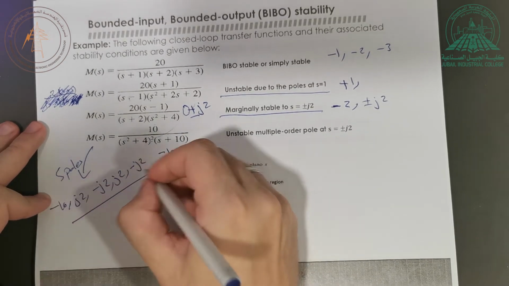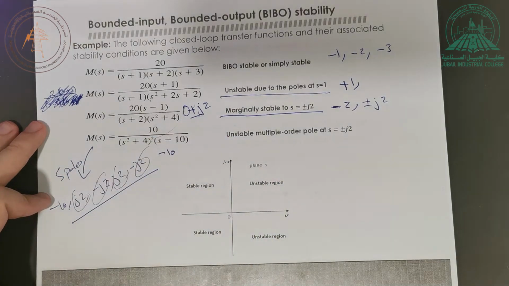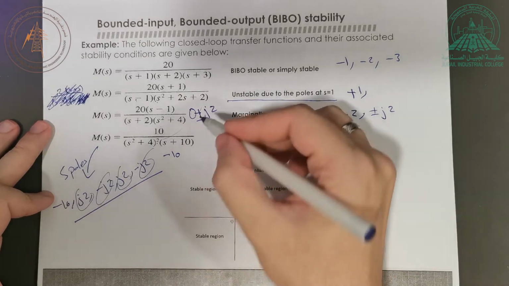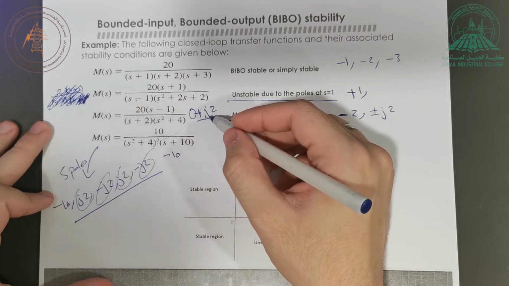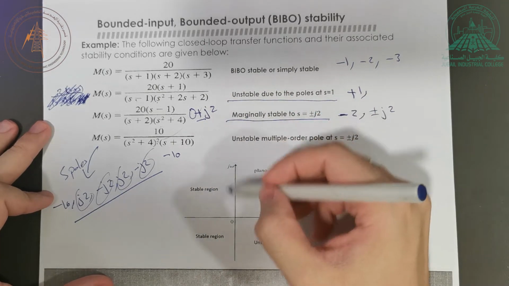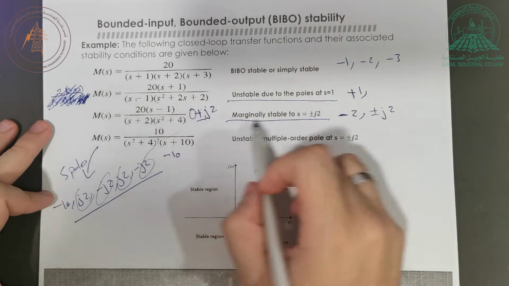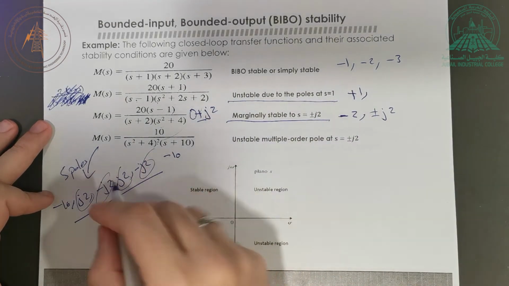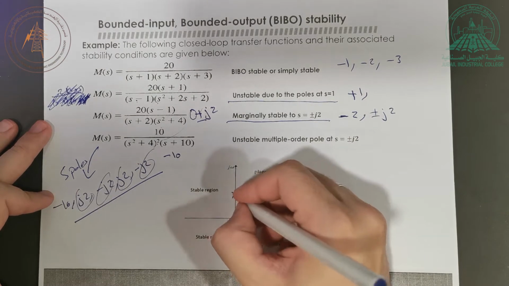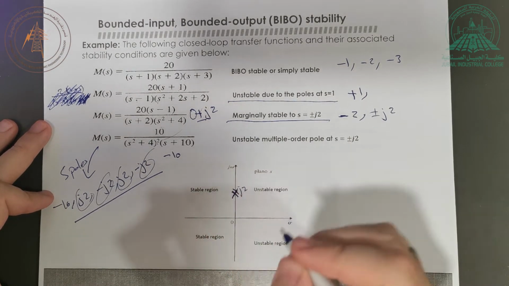You can see that these poles are repeated, so we call these repeated poles, not simple poles. Now, having something on the j omega axis, if it is a simple pole like this one, then the system is marginally stable. But if it is repeated, like here, j2 repeated.